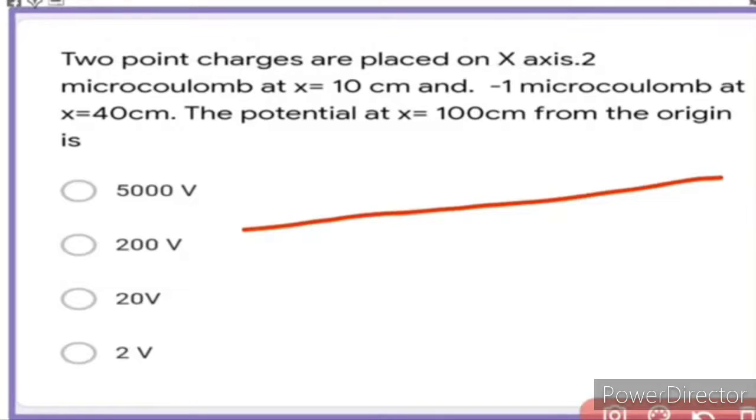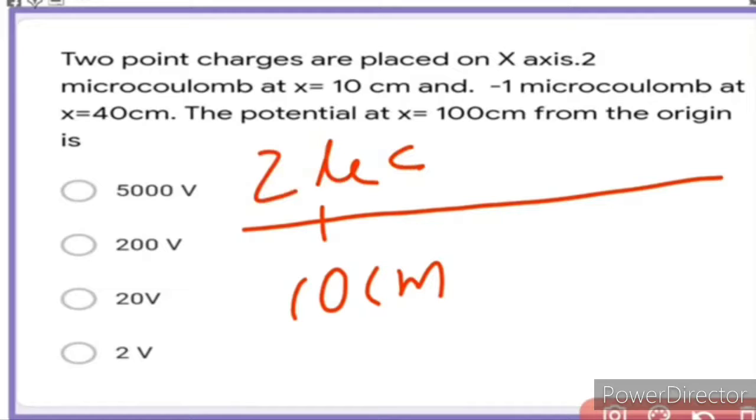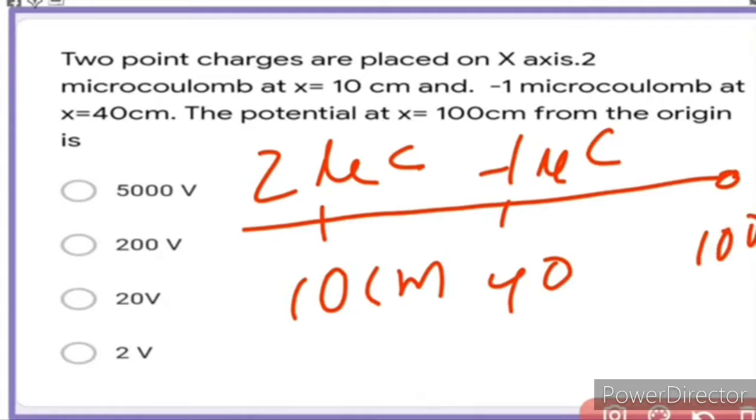Along the x-axis at x equal to 10 centimeter, we keep 2 microcoulomb. And at 40 centimeter we have minus 1 microcoulomb. And you're asked to find the potential at 100 centimeter.